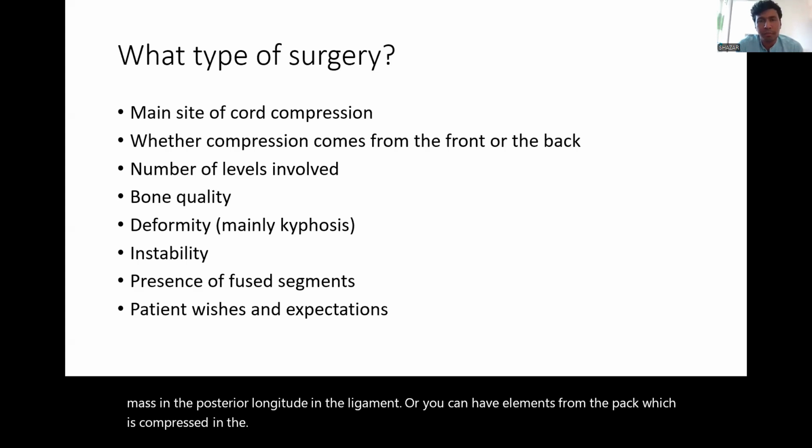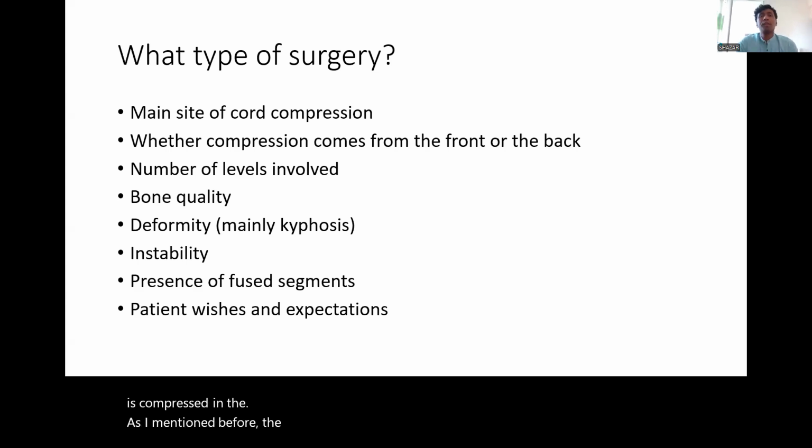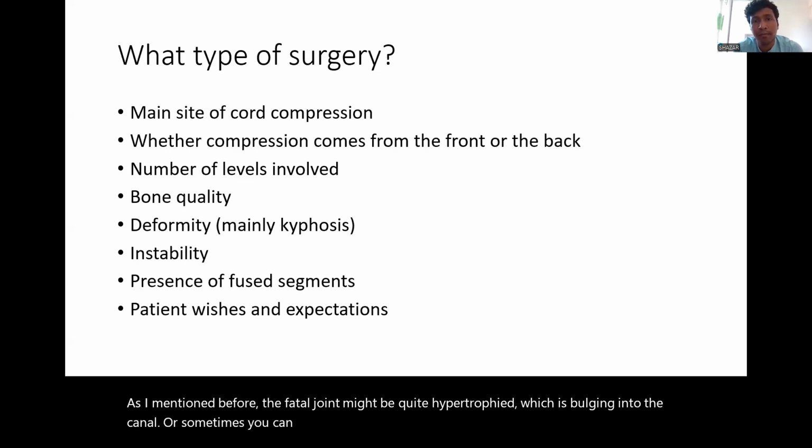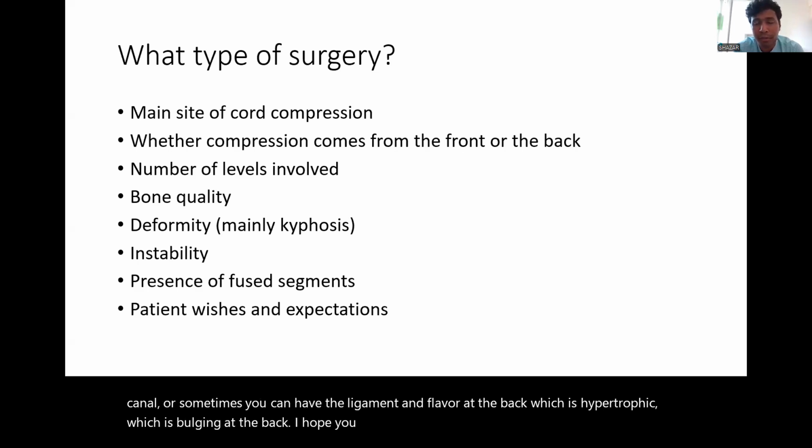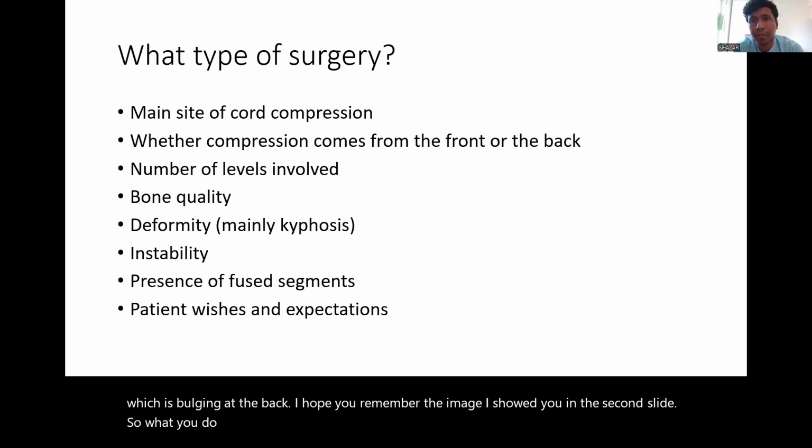Like I mentioned before, the facet joint might be quite hypertrophied, bulging into the canal. Or sometimes the ligamentum flavum at the back is hypertrophied, bulging into the gap. I hope you remember the image I showed you in the second slide. So what you do depends on where the compression is from.